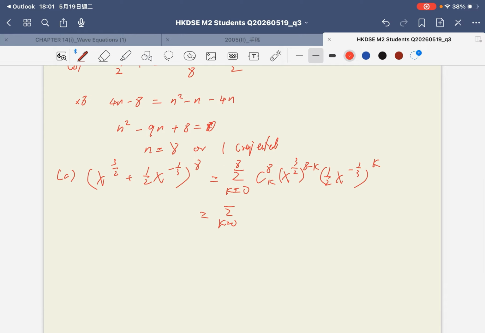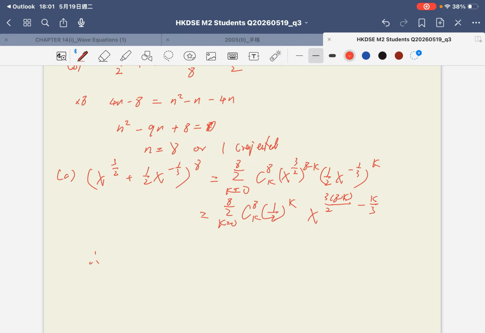Summation k from 0 to 8 of 8Ck, then 1 over 2 to the power k, and then x to the power, the denominator 2 and numerator is 3 times (8 minus k), minus k over 3. For the coefficient of x, that power should be equal to 1.